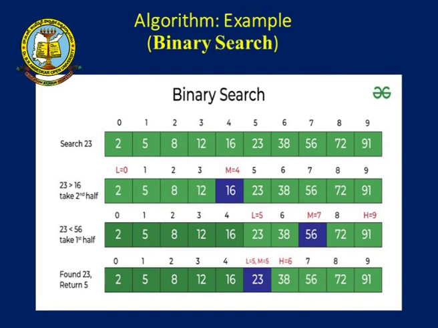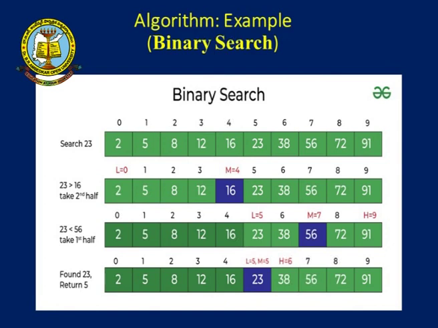Your 23 is not in the first half, as your target element is greater than the mid element. Then go with the second part of the elements. Just leave the first part, because we already concluded that it is not there in the first half of the elements.